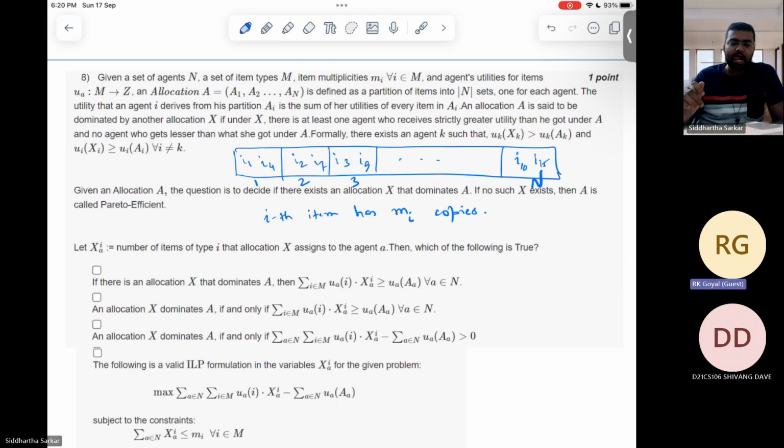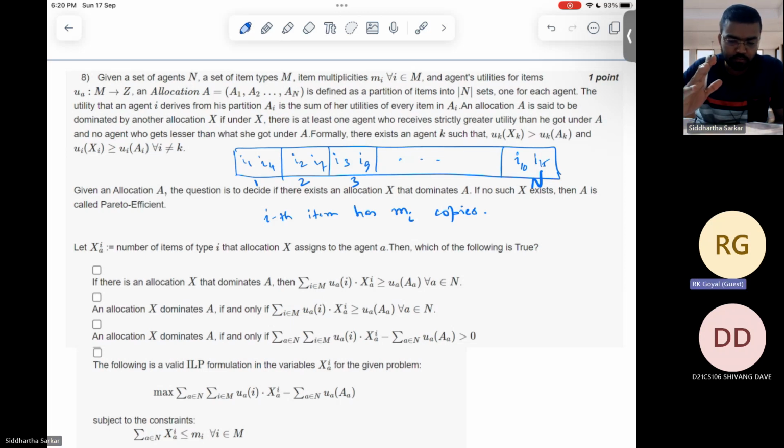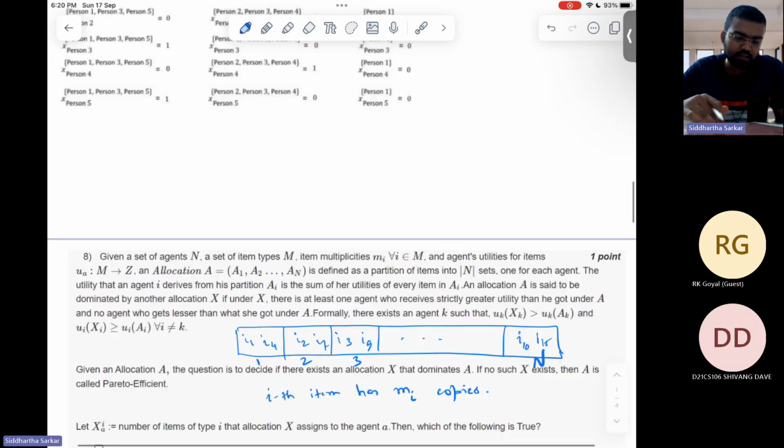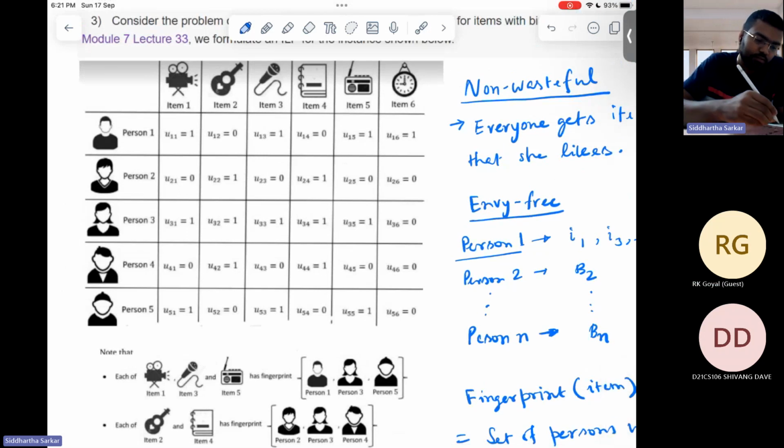The summation of the mi would be equal to the capital M. No, capital M is the set of item types. So M is the total number of types of objects. In this case, previously we have seen there are 6 types of objects, so here M is equal to 6 and N is equal to 5.